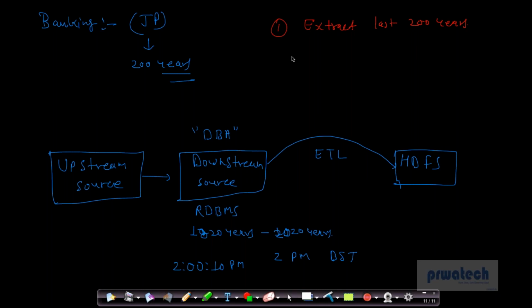I'll create a Scala script, and from the Scala script I can perform automation. I can call that script, it will pick up the table and directly start writing in HDFS. So that is the data extraction of the last 200 years. Suppose this is done after 1 month. After 1 month, I have extracted all this data into HDFS. It is like a complete snapshot, a full snapshot of the data present here.